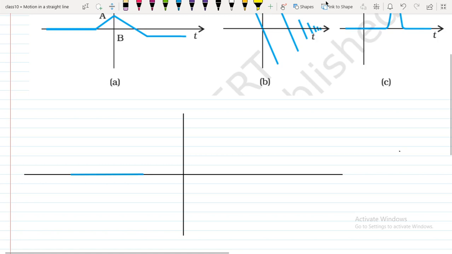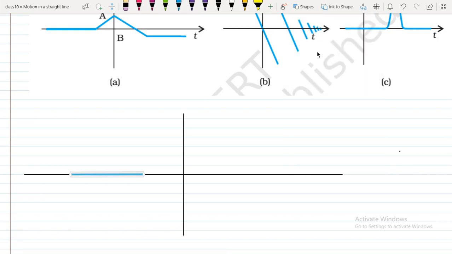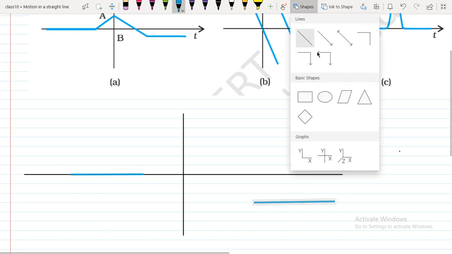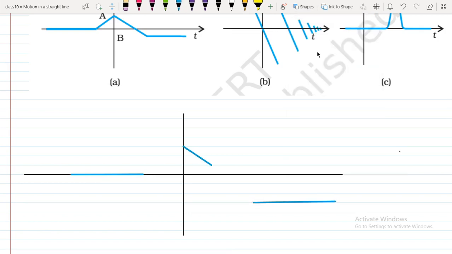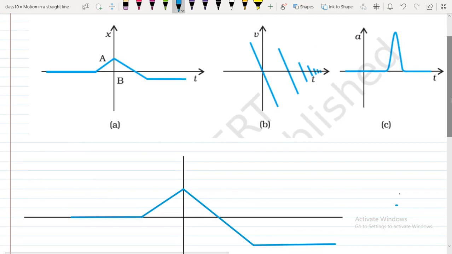Something is on the x-axis and here it is on the negative x-axis, and somewhere here. It is given in different segments. Suppose this is displacement versus time.